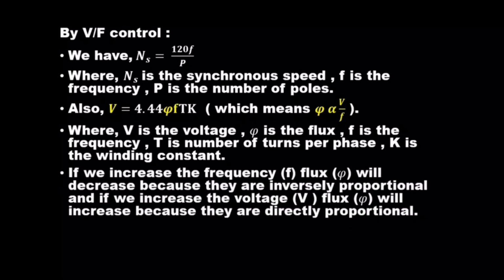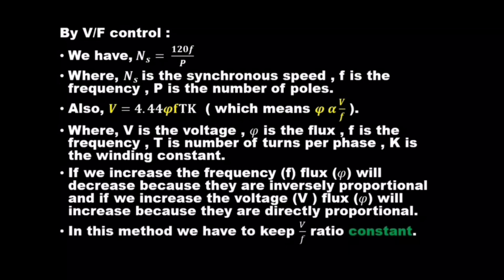If we increase the frequency, F, flux, phi will decrease because they are inversely proportional, and if we increase the voltage, V, flux, phi will increase because they are directly proportional. In this method we have to keep V by F ratio constant.